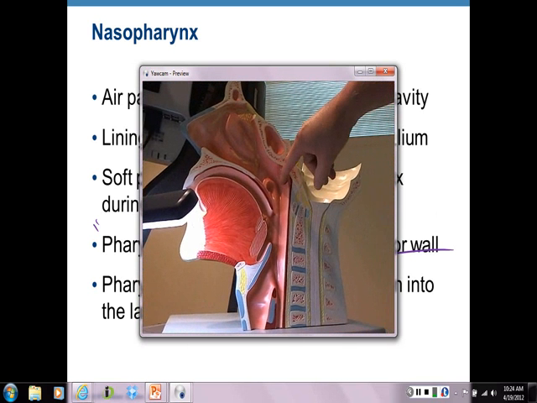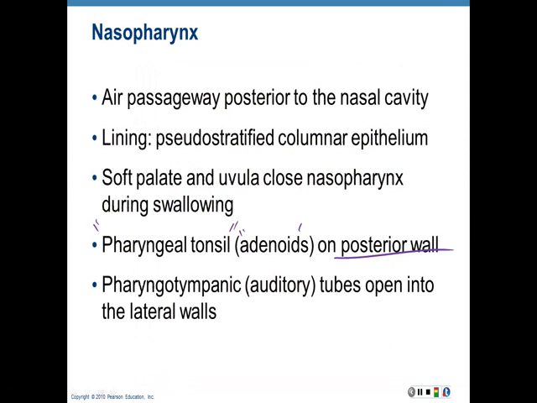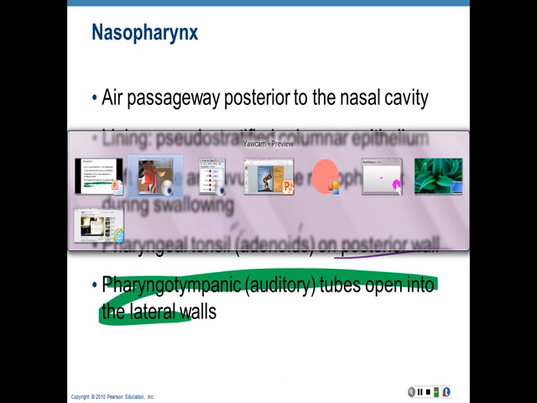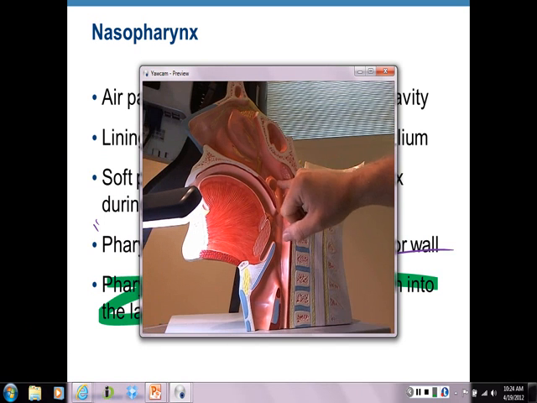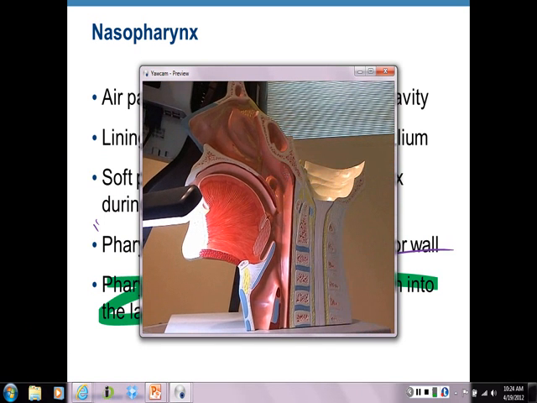To kind of orient you, we're right back in here at the very top of the throat, very top of the nasopharynx. You also have pharyngotympanic or auditory or eustachian tubes opening in the side walls, and that model doesn't actually show the hole, but it would open right there at that spot. That's where your eustachian tubes would open.